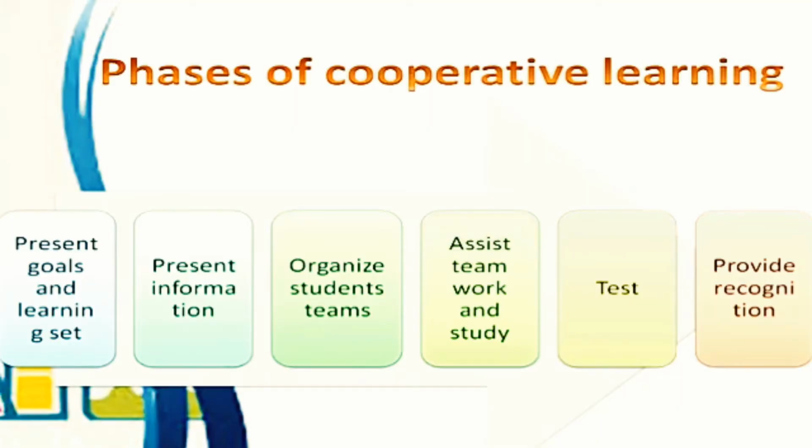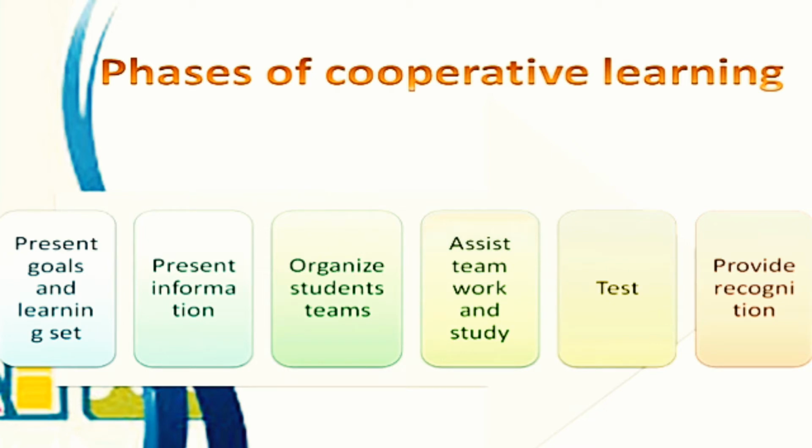So if we want to incorporate cooperative learning into our classroom, there are different phases for doing this. In cooperative learning, the teacher plays a very important role. In the first phase, the teacher presents the goal and the objectives of learning are set by the teacher.